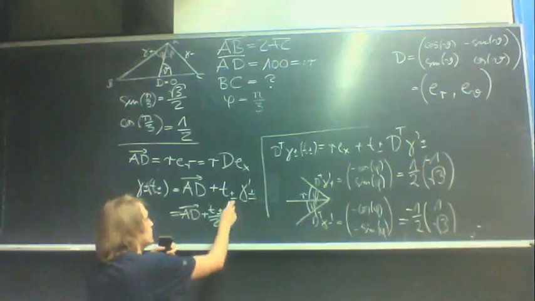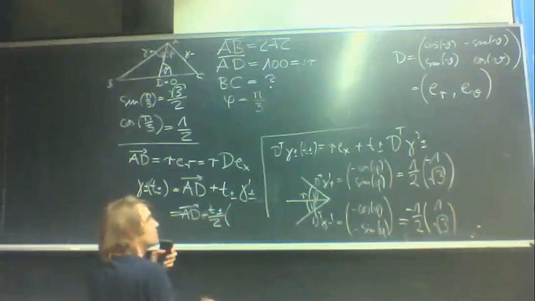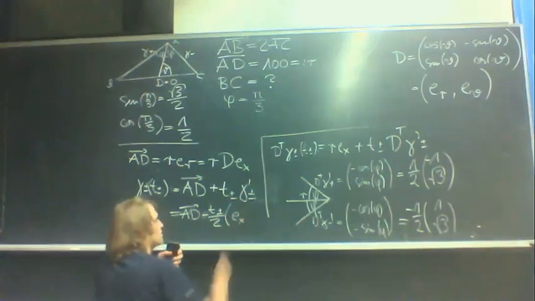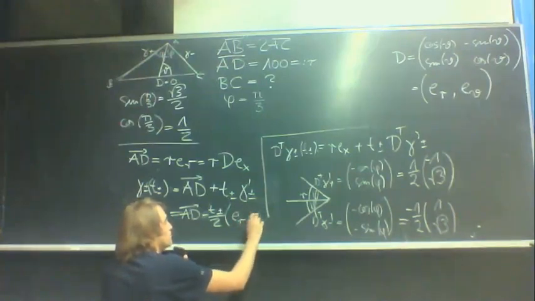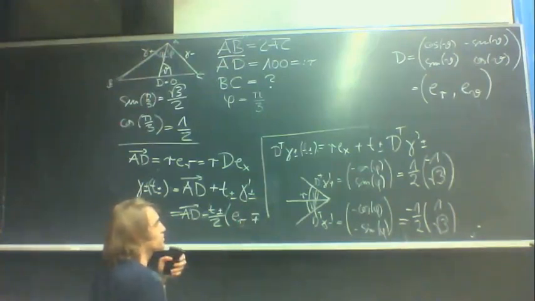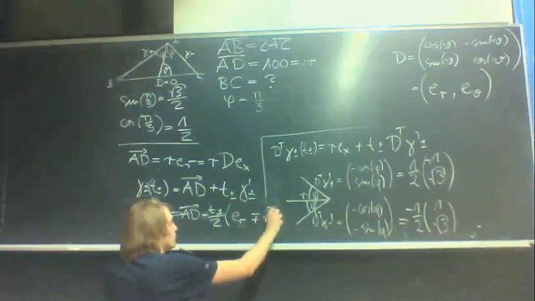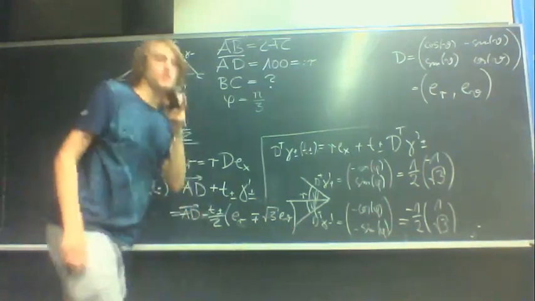So we will now have, let's bring out the minus to the front, 1 times Er, sorry, and now minus plus square root of 3 E theta. I hope I got everything right.